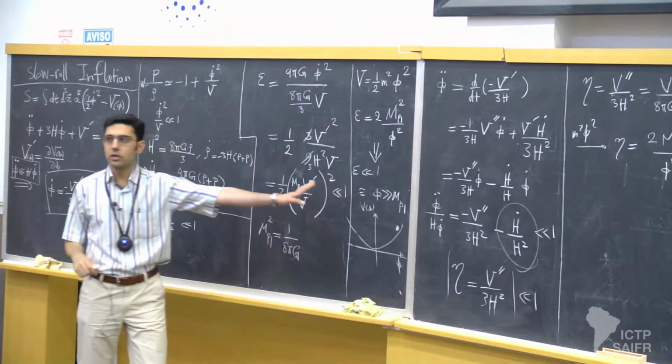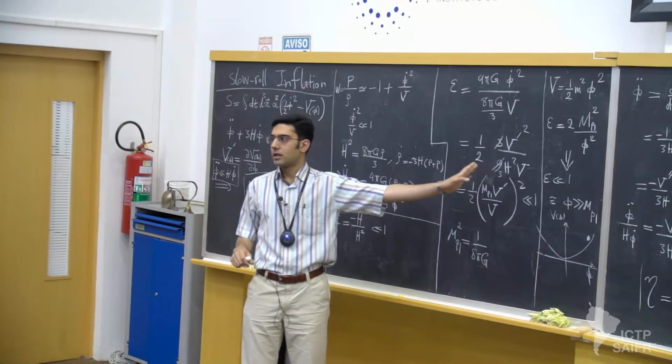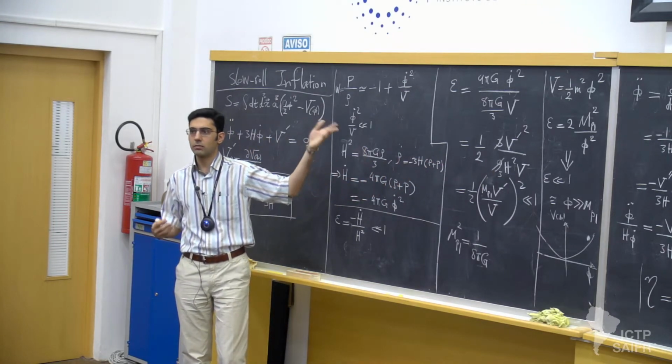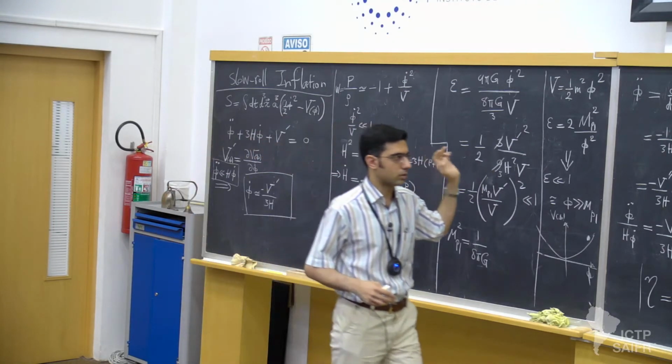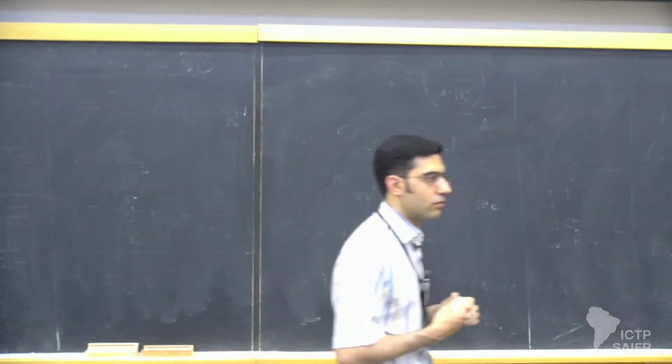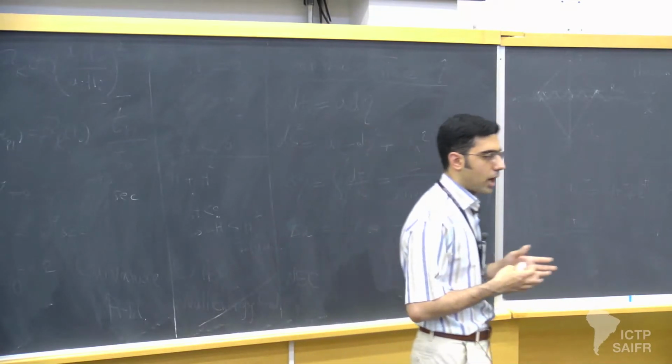So the same requirement that made epsilon, the first slow roll parameter, small makes the second one small too. And again, this is a generic situation for power law potentials.